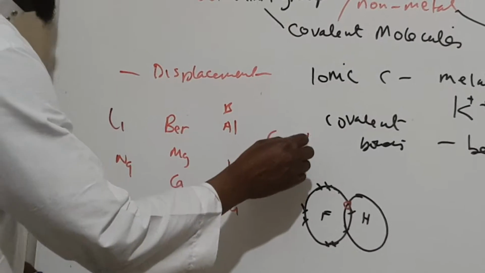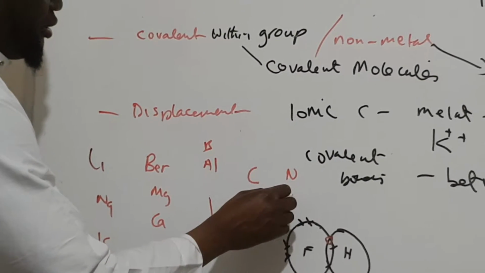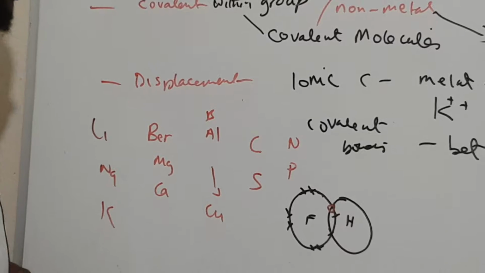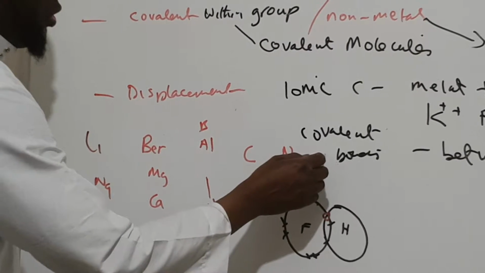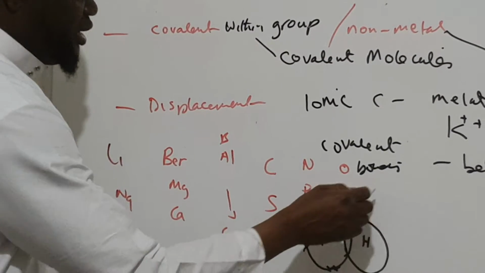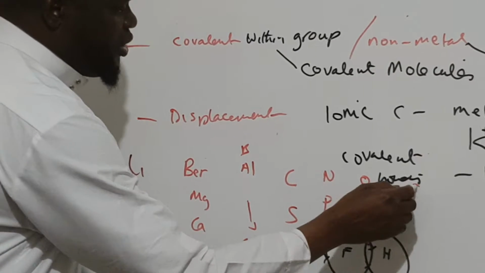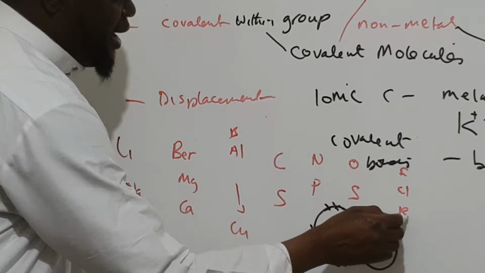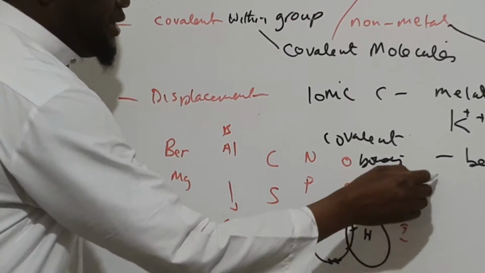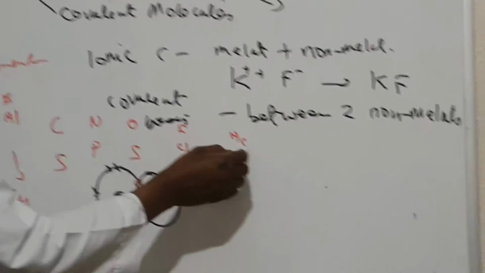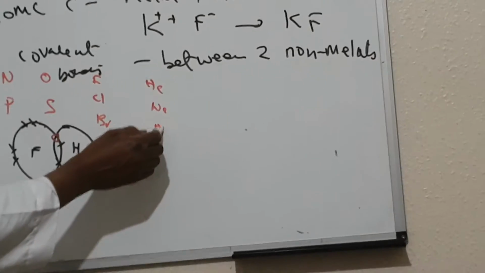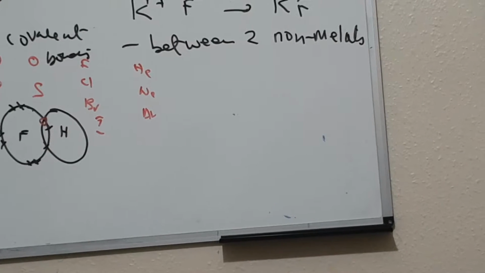Group 5 only nitrogen and phosphorus. The next group you need to know oxygen and sulfur. The next one, only fluorine, chlorine, bromine, and iodine. And this one you need to know helium, neon, and argon. This is what you need to know.